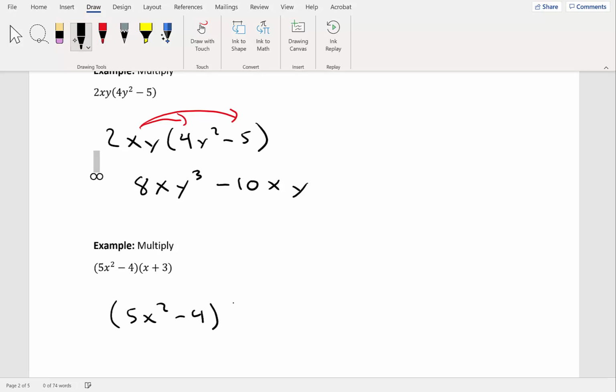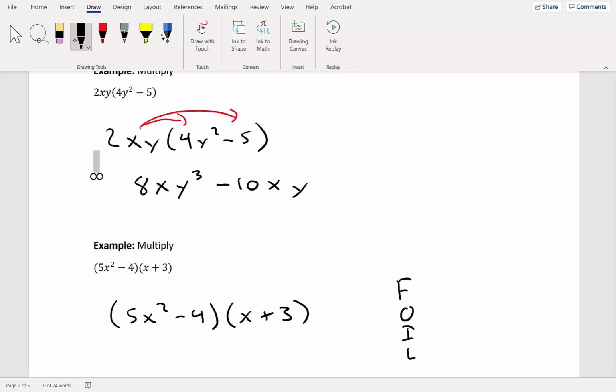Now with this example, also a little bit different, because now we're multiplying two binomials with each other. So you might have heard of a rule that you could use to multiply two binomials, which is FOIL. I'm not a big fan of FOIL because now you have to memorize what those letters mean.